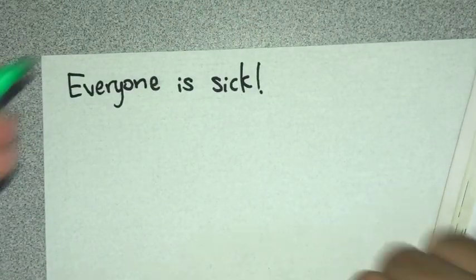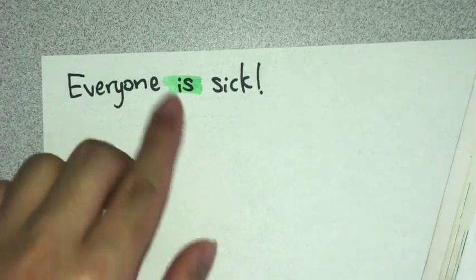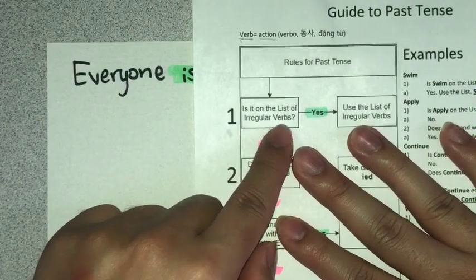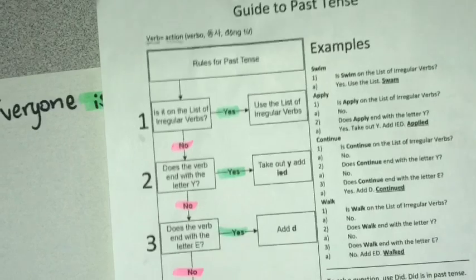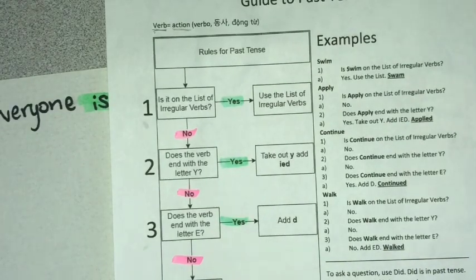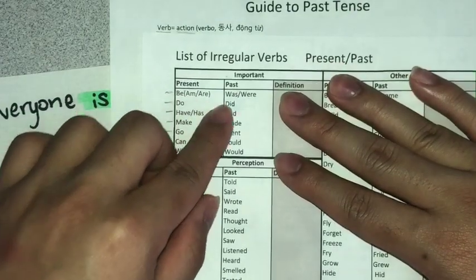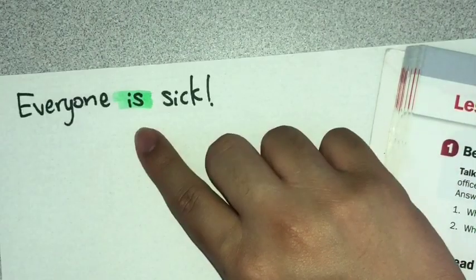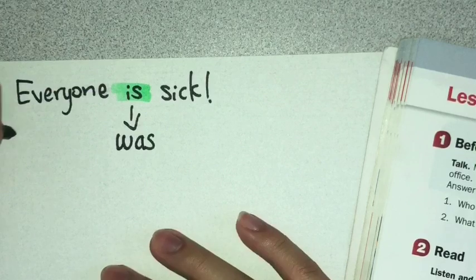Everyone is sick. The verb is. So let's change this to past tense. Is the word is on the list of irregular verbs? Yes, it is. Here, is is part of to be. The past tense of is, we say, was.